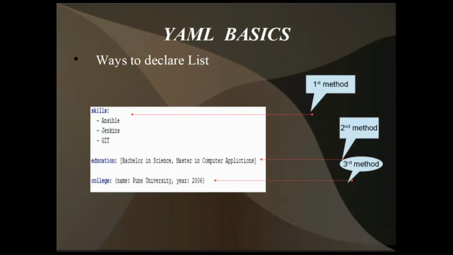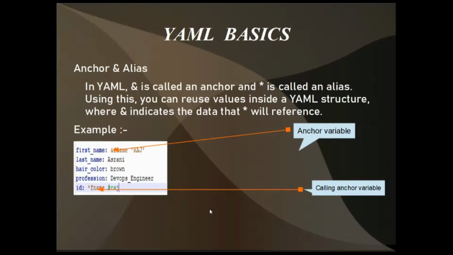Okay, moving to the next stuff, you can declare arrays or lists with something called an anchor and alias. In YAML, there is something called an anchor, which basically holds your value, and that value can then later get referenced in another key by using the alias, which is star.